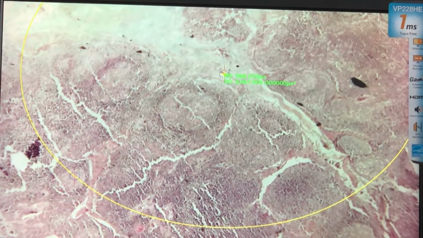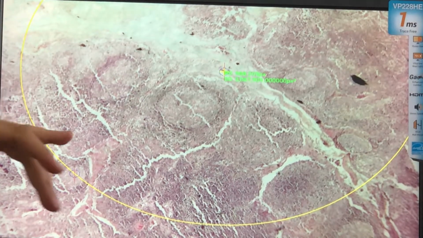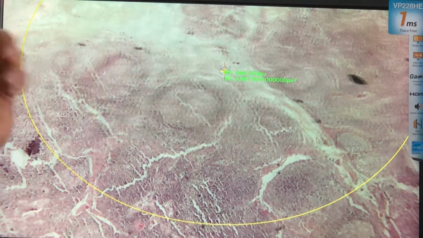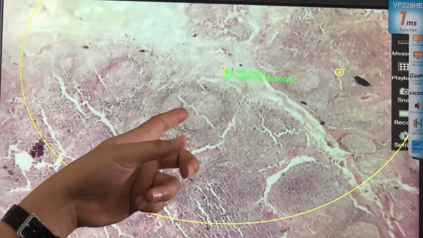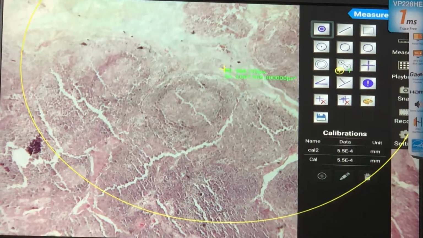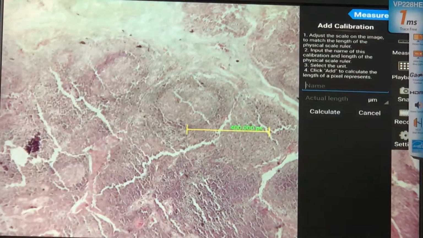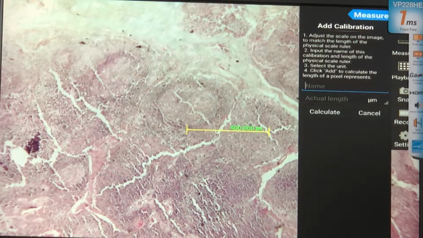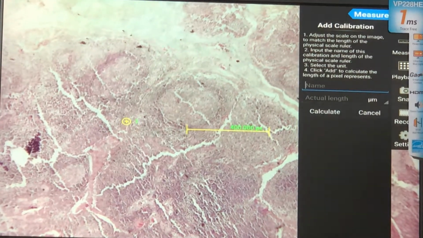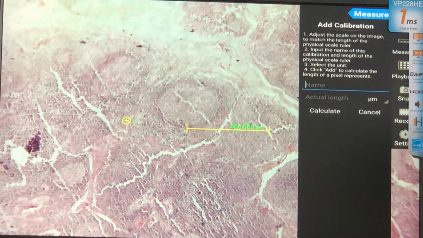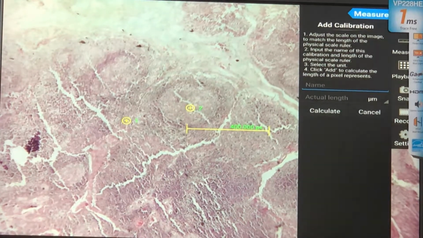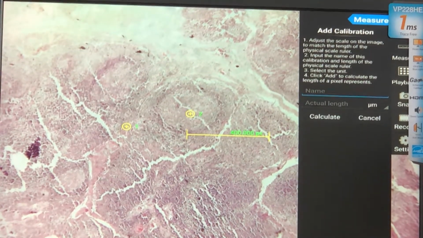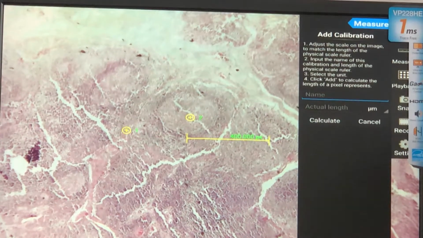Where is the germinal center? Point to me. I will test you, if you could identify the lymphoid follicle. I will mark, say yes or no. Is this the lymphoid germinal center? No. This one? Yes. That's the lymphoid follicle. Germinal center is a pale area.